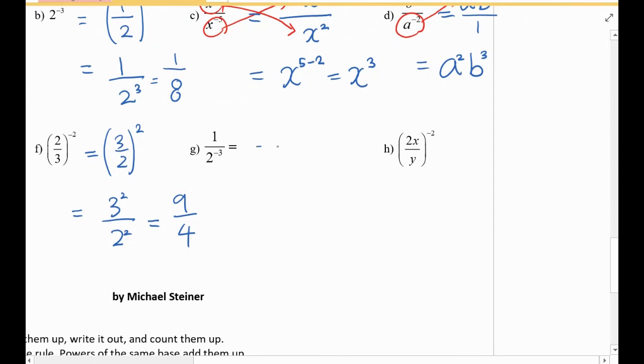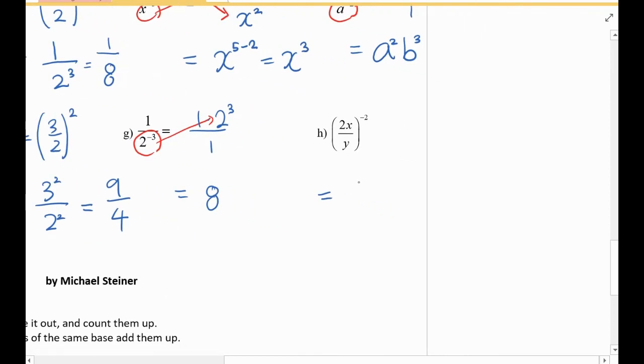Again, everyone, here, just leave it. You're just going to leave it, and you're going to change the location of the negative exponent. It is 2 cubed. Then 1 times 2 cubed is 8. Flip the base, y over 2x squared.